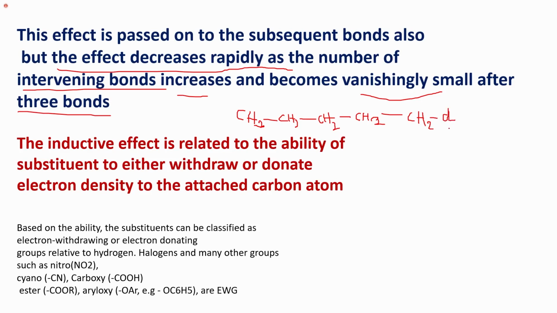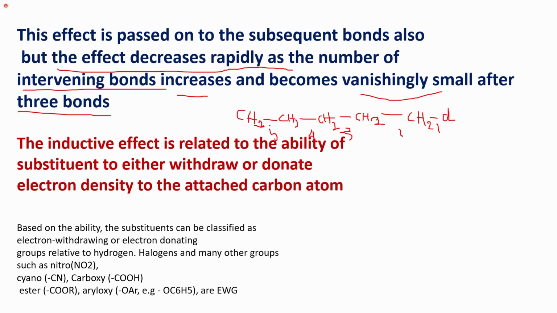So now what will happen? They are saying it becomes vanishingly small after 3 bonds. So let's say this is 1 bond, this is 2, this is 3, and this is the 4th bond, this is the 5th bond.